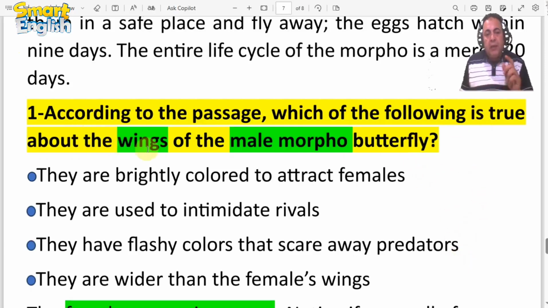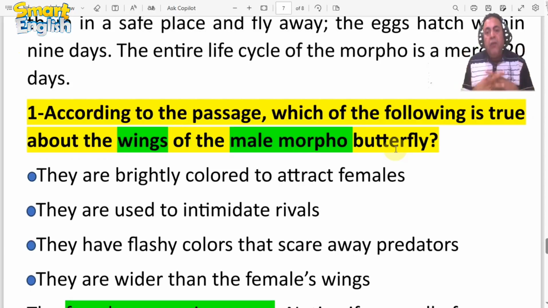About the wings of the butterfly, the male, exactly the male, not the female, morpho butterfly. So he is asking me about something, whether it is true or not, that belongs to the wings of the male, not the female, of the morpho butterfly.